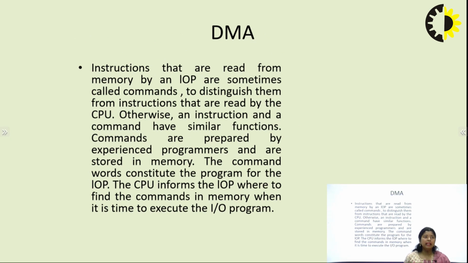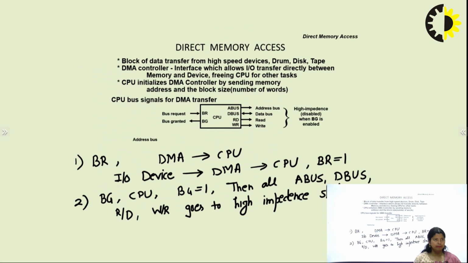In direct memory access, instructions that are read from the memory by an IOP are sometimes called commands. There is a DMA controller, a tangible device, which takes the responsibility of how peripheral devices transmit their data to the memory.